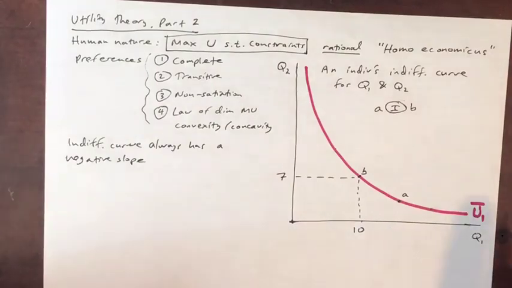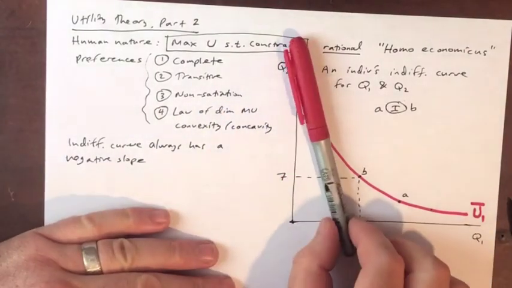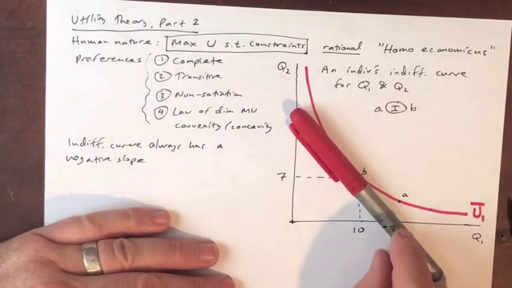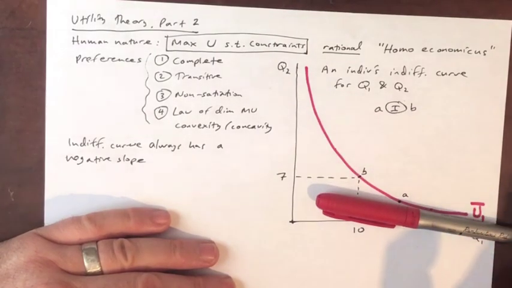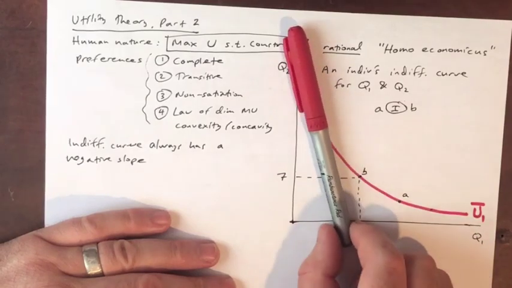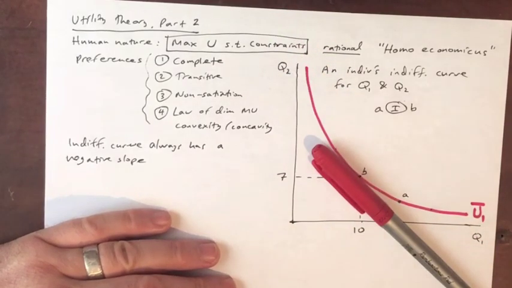Always has a negative slope. Okay? We can see that the slope is changing, right? It's steeper here than it is here, and less steep over here, right? But it's negative at every point along it.